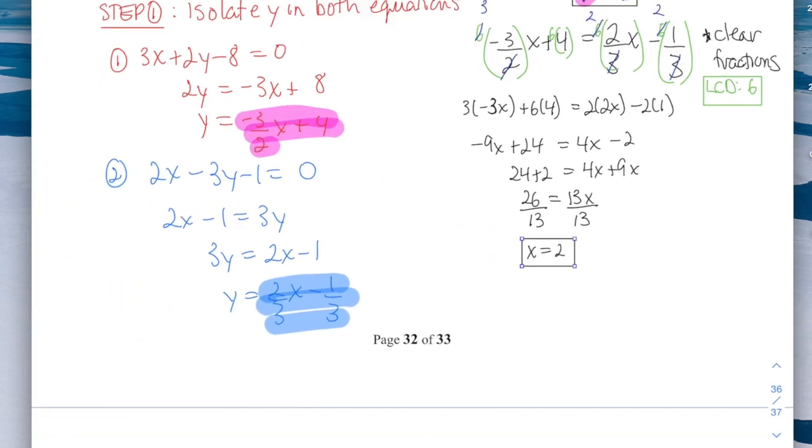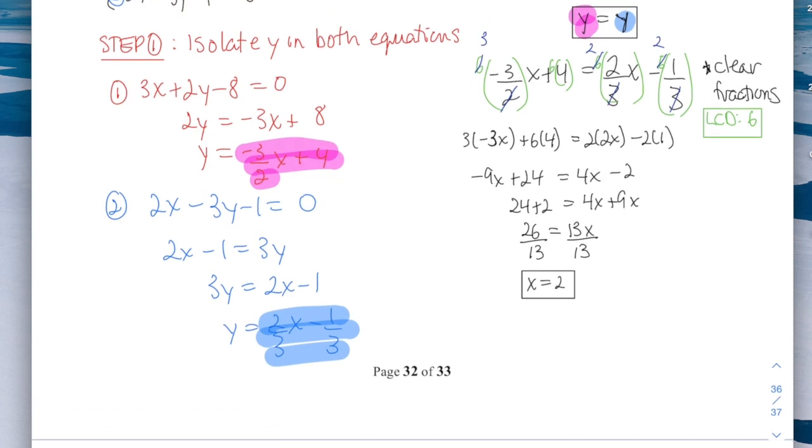So what we've done is solved for the x value of our point of intersection. Because the point xy, the point of intersection, is going to be a point that exists on this line and on this line. So what this solution is telling us is the x value of that point is 2.